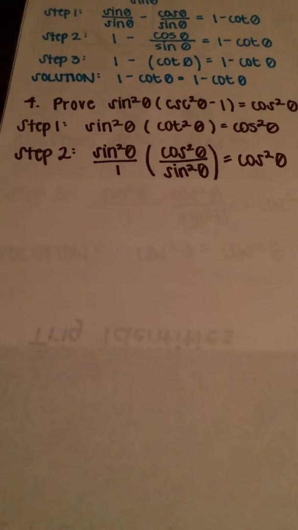Cosecant squared theta minus 1 is a Pythagorean identity, and it's equal to cotangent squared theta. Step 2. Sine squared theta over 1 times cosine squared theta divided by sine squared theta. Cotangent squared theta is equivalent to cosine squared theta divided by sine squared theta because it is a cotangent ratio identity.